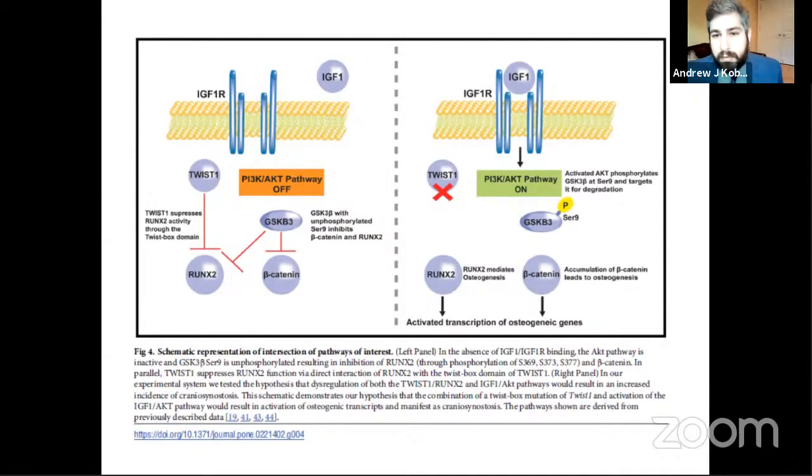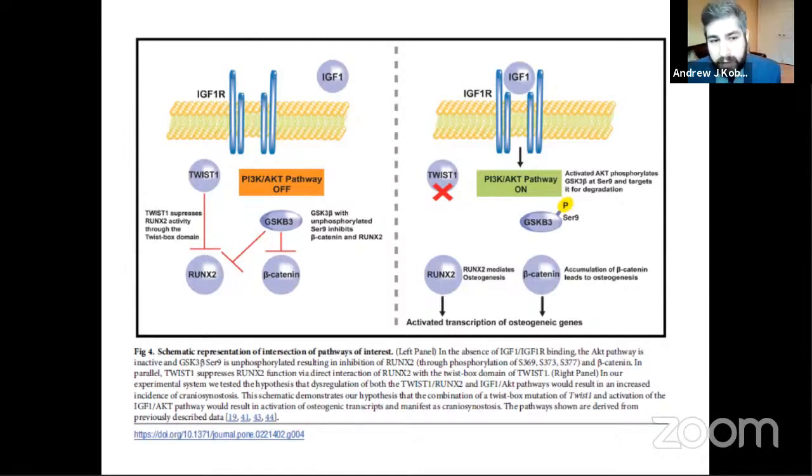So on the right side of the image, as dictated and regulated by growth hormone, IGF-1 is able to bind to its receptor on the cell surface, which then activates the PI3K-AKT pathway, which then phosphorylates and inactivates GSK-3B and TWIST, which then allows RUNX2 and beta-catenin to be activated and to provide transcription of osteogenic genes.